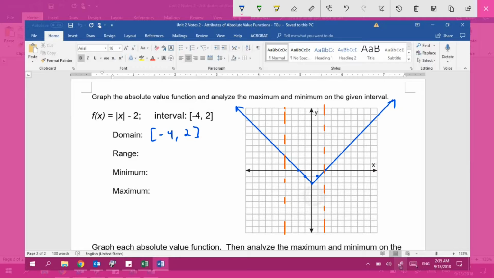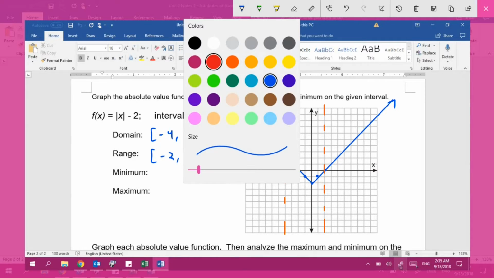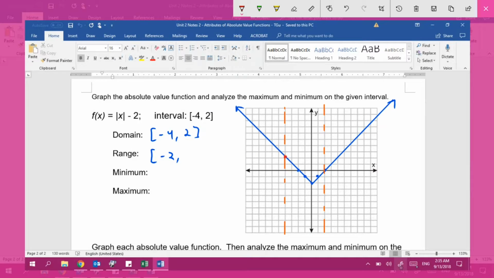The lowest point is going to be at negative 2, and the highest point we can see is right here, which is at positive 2. So negative 2 to positive 2. What's my minimum inside this interval? Pretty much it's given by my range. My minimum is negative 2, and my maximum is positive 2.